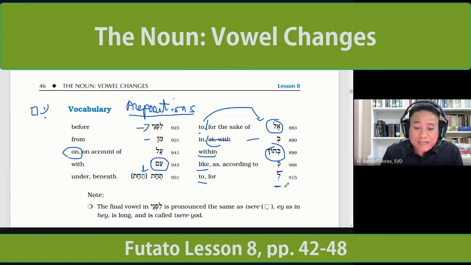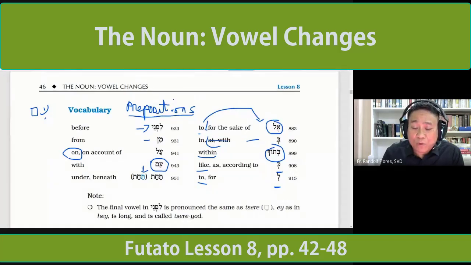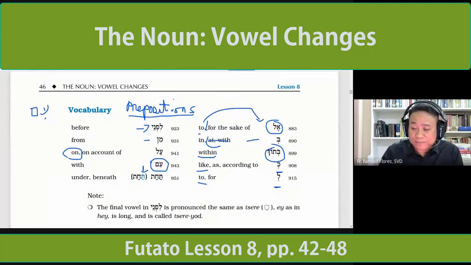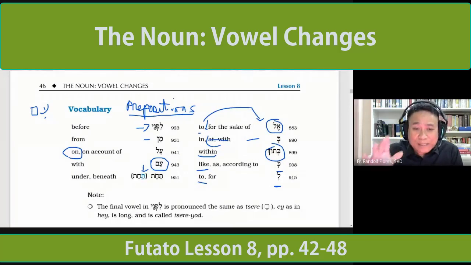And le is to or for, something like the dative case, indirect object. But it's not always that one. But just to have a kind of framework to easily get used to using it, distinguish between the two: the to which is motion, and the to which is the indirect object, or what we call in Latin the dative case. Okay.